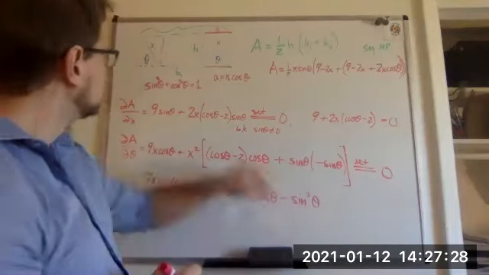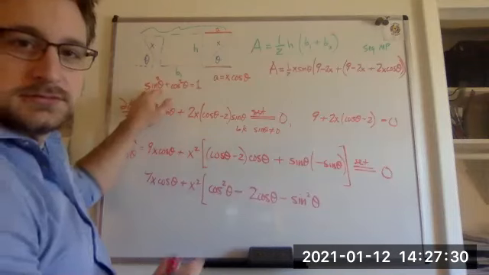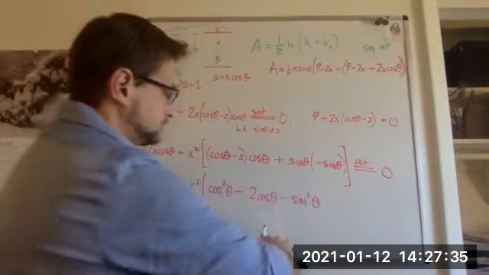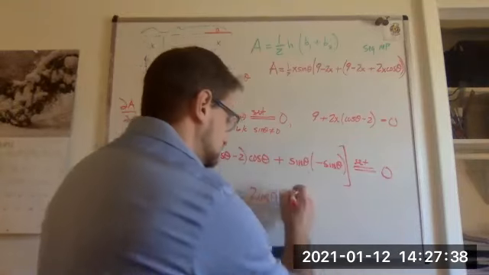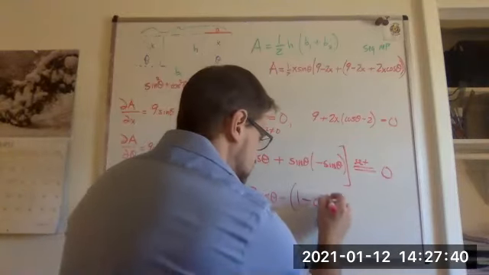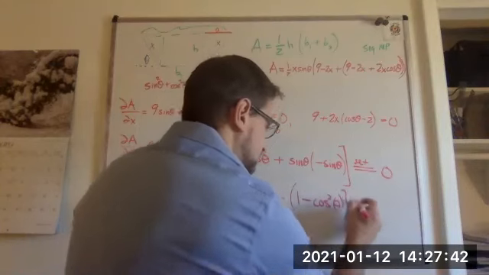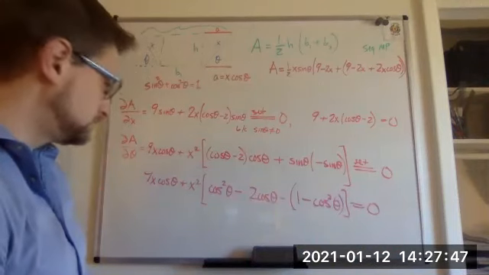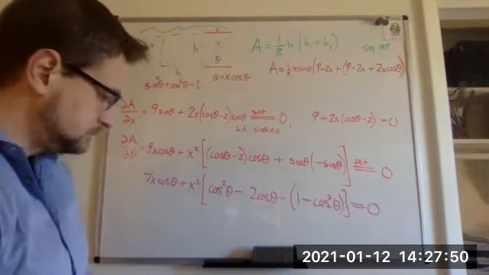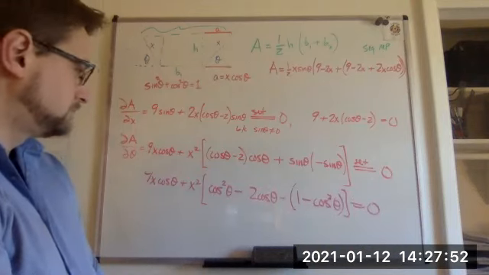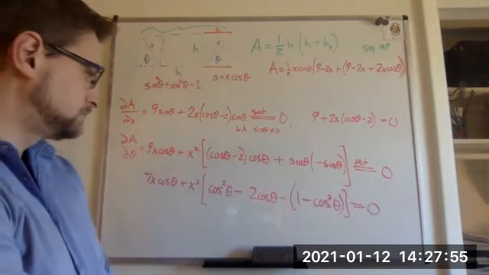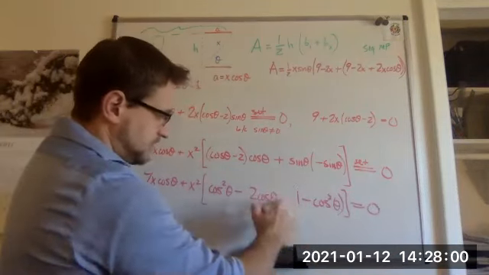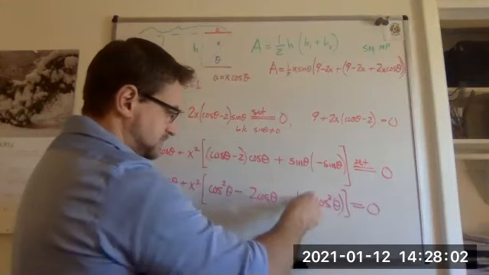So sine squared we could replace with 1 minus cosine squared. All right, minus 1, and the minus gets us plus.